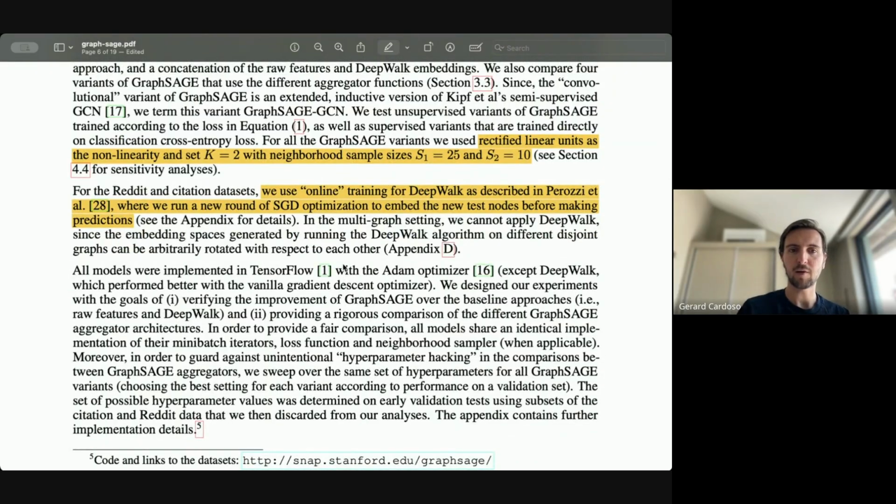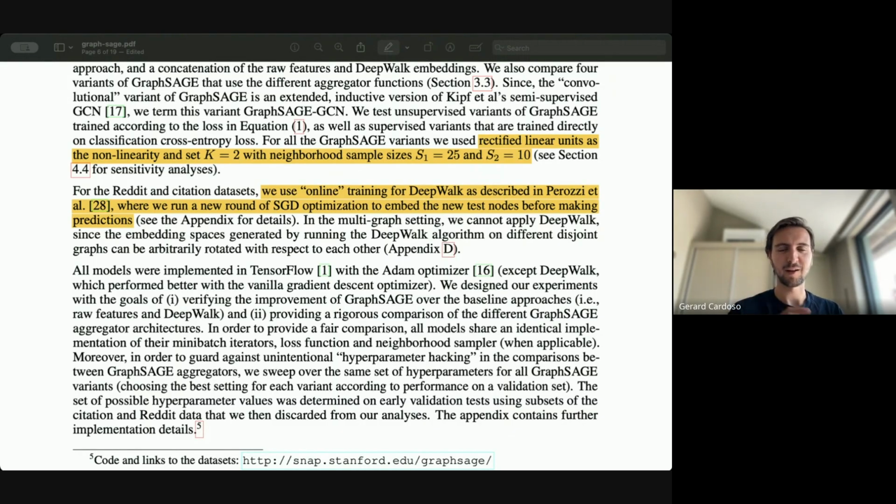What they compare it to for the Reddit and citation data sets, and what's considered the baseline, is an algorithm called DeepWalk. I had a quick look through the paper, but I'll admit I haven't gone through it in much depth.